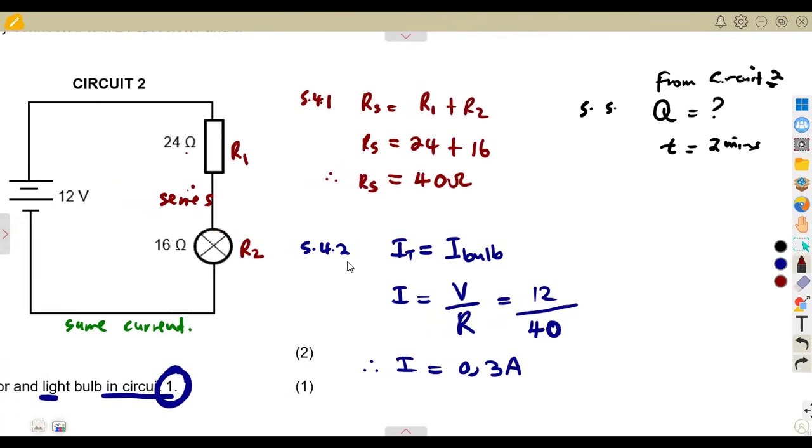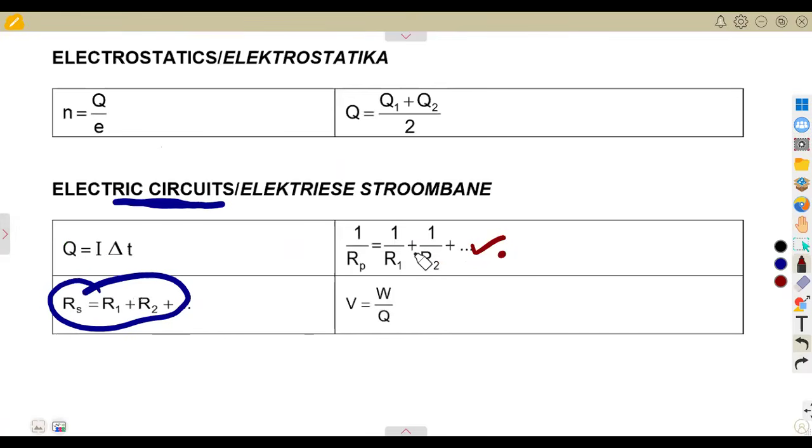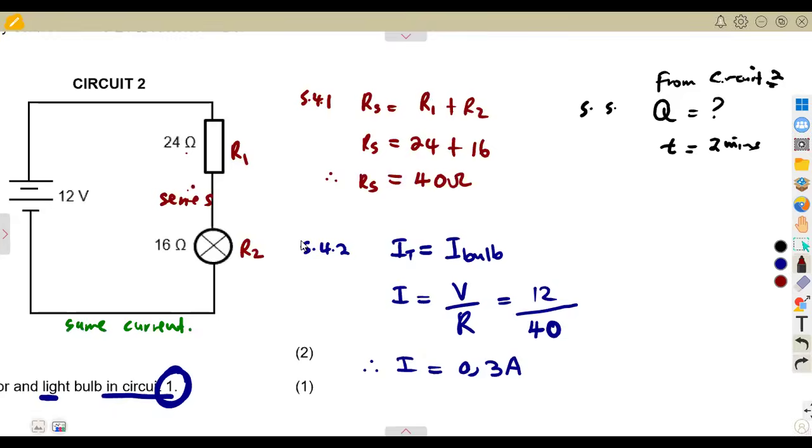Okay, so let's consider that our charge can be calculated from the formula, which is current times the change in time, which is a direct formula indeed. So charge is equal to the current times the change in time, measured in seconds. This is our current in amperes.